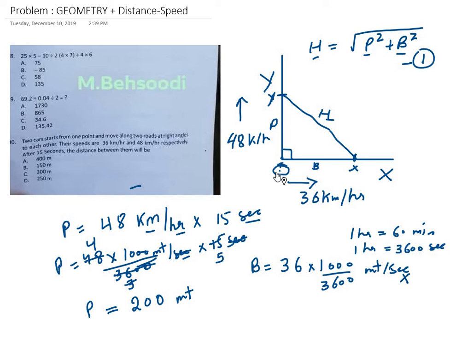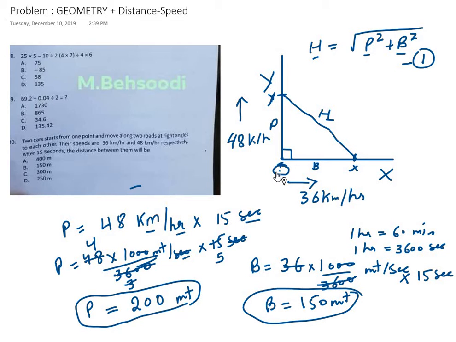And we have to multiply with 15 seconds. So this 36 cancels out, zeros cancel out, so B will be 150 meters. So we know P and we know B, so what will be H? We have to put them in this formula.